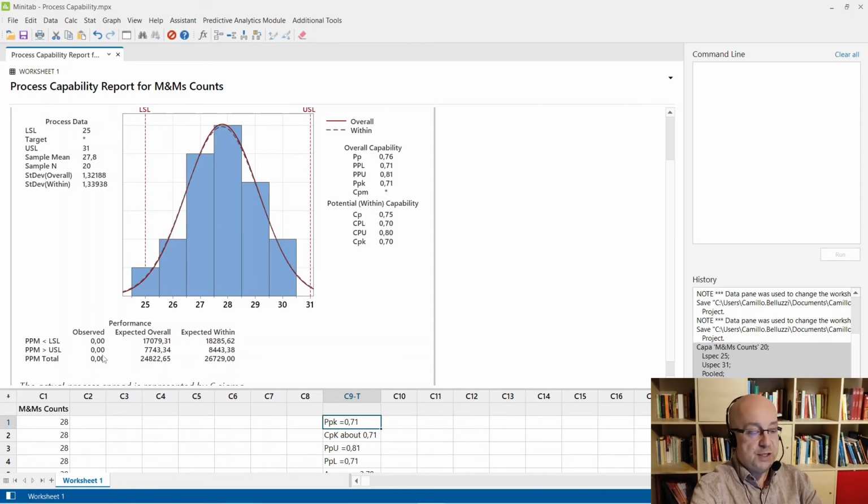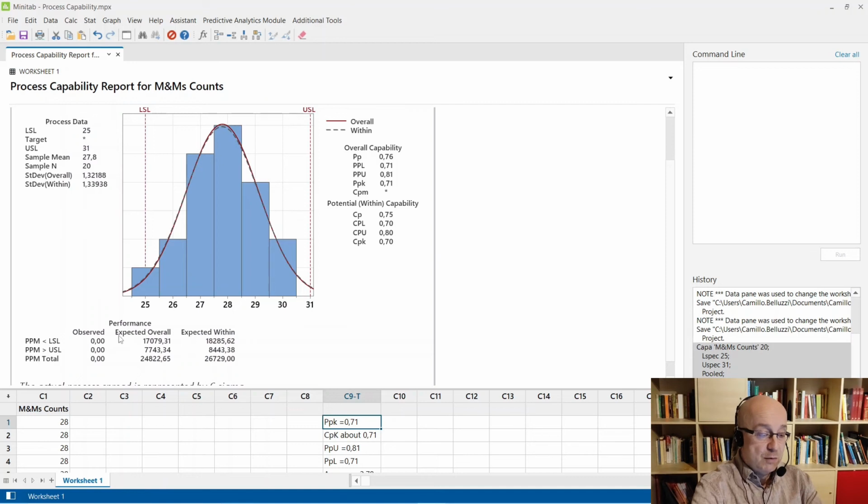You can see always 0 here. Why? Because we have 20 values, and all of the 20 values are within specification. There is no value outside, so higher than 31 or lower than 25. So the observed performance is that there is no value outside of specification, so we have 0.